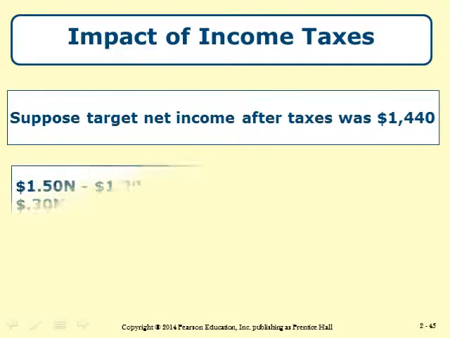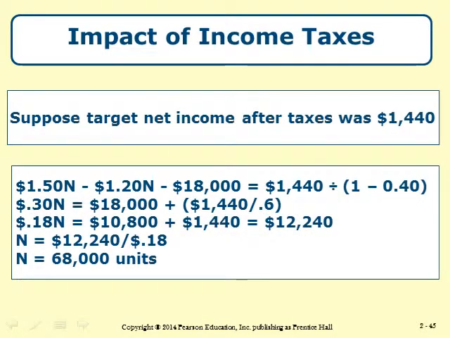And so suppose that target net income after taxes was $1,440. Here we can see by calculation that the volume would then need to rise to 68,000 units versus the 64,800 units we were talking about earlier if we were talking about an after-tax profit of $864, a pre-tax profit of $1,440, based on a 40% tax rate.